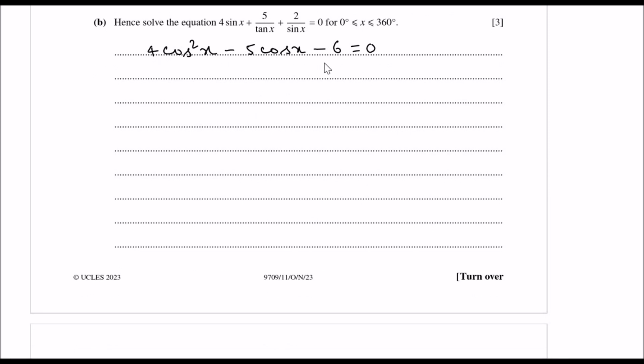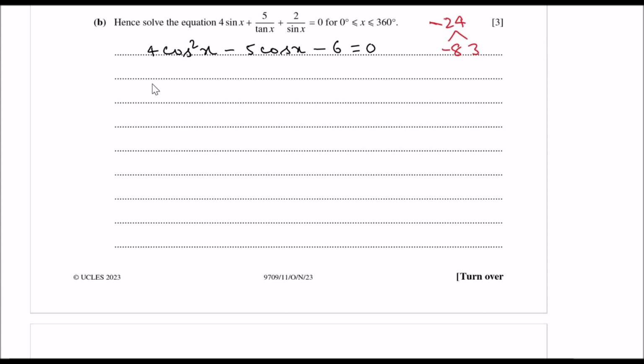So 4 times minus 6, that is minus 24. So minus 24, if you factor this in such a way that sum of the factors should be minus 5, because middle term is minus 5 cos x. So if I take minus 8 and here 3. So minus 8 times 3 is minus 24, and minus 8 plus 3 gives us minus 5 cos x, right?